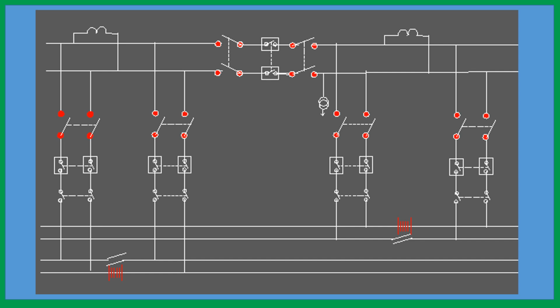But except up and down line, if there are other lines like siding, like yards, all these things to be electrified is 25 kV. But how we will do it?